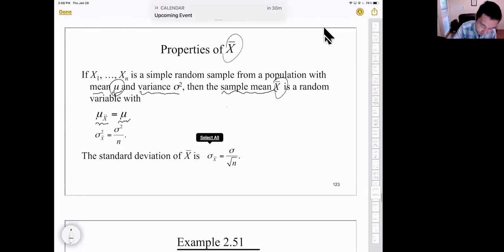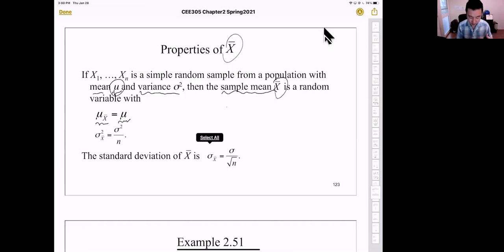But the variance of the sample mean is smaller than the population variance, sigma squared. So the larger the sample size, the smaller the variance of the sample mean.